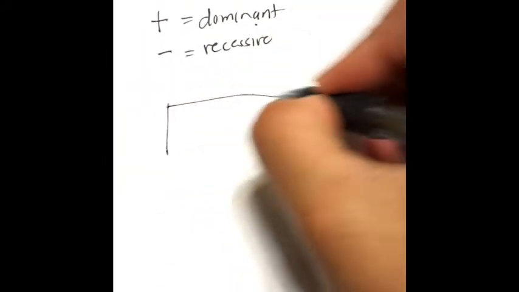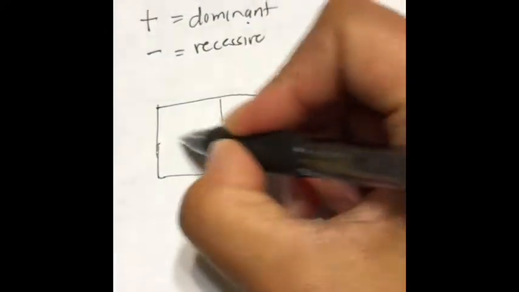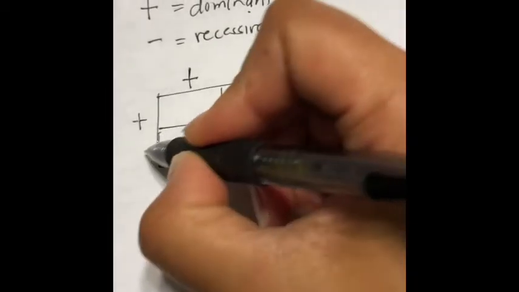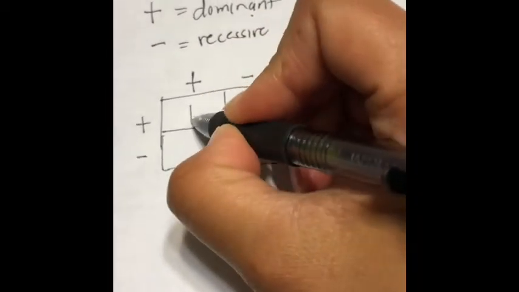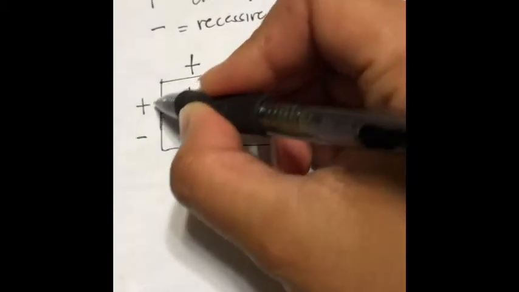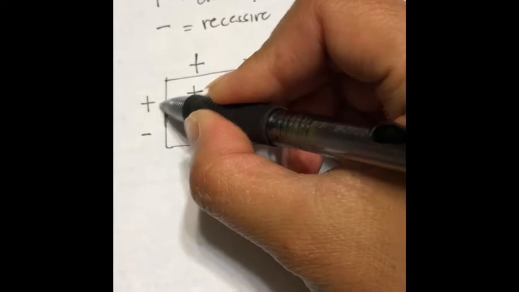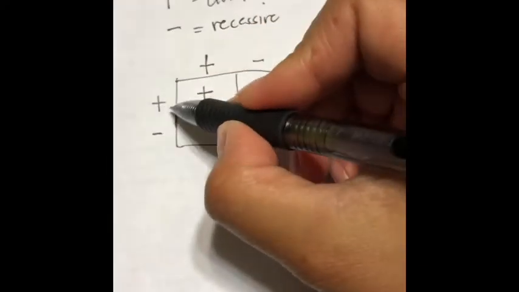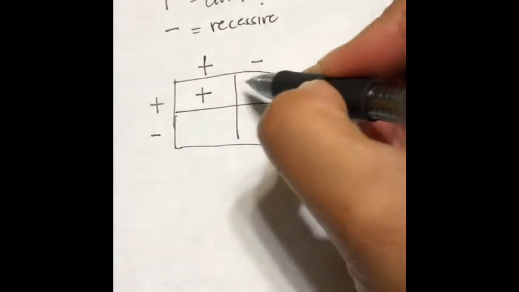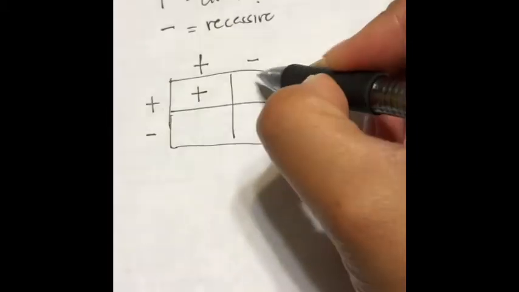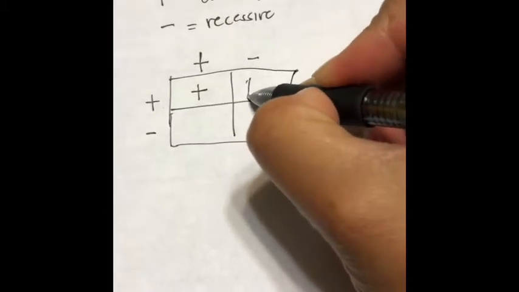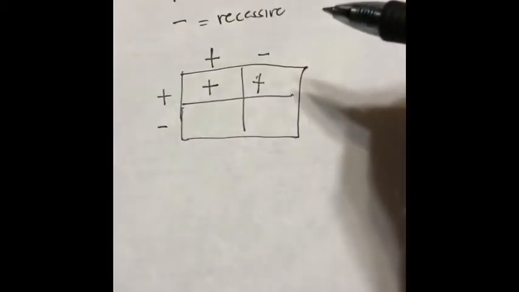So what that means is, anytime that there is a positive blood type, it will turn out to be a positive blood type because positive is dominant. In this particular case, when you have a positive and a negative, because the positive blood type is the stronger allele, it will overpower this negative blood type.